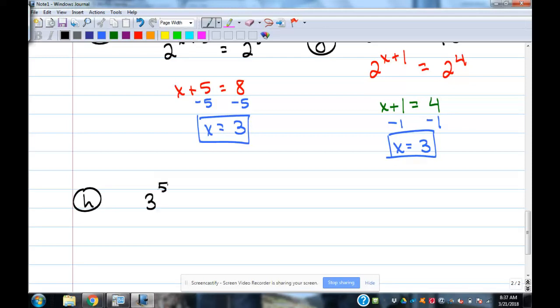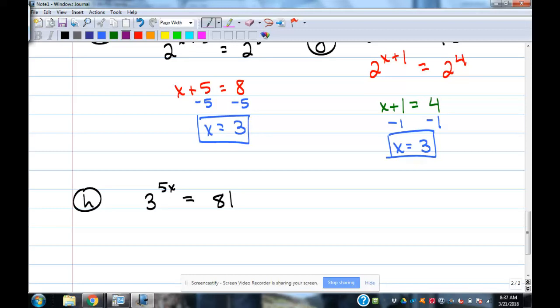Let's do something with a 3 here. 3 to the 5x. Ooh, weird. Is equal to 81. That's a good number. What if we don't know much about 81?